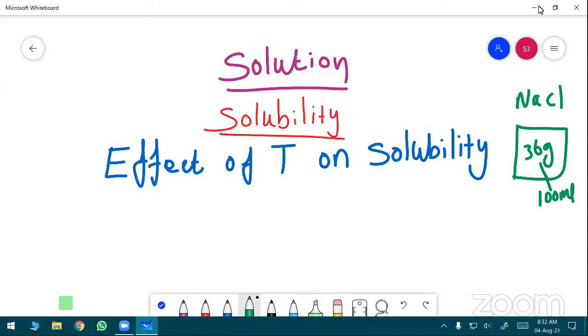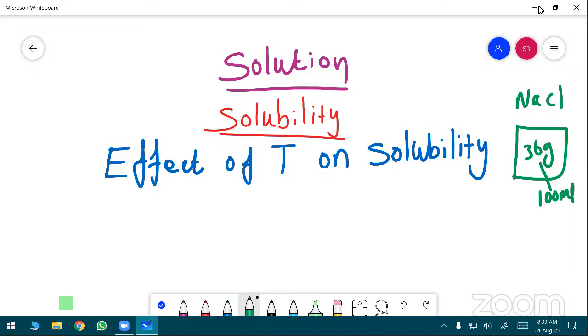Why are we saying that 36 gram is the solubility of NaCl? Because in a specific amount of solvent, that is 100 ml, only 36 gram of NaCl will completely dissolve. What happens, sir, when I add some more NaCl? If you add some more NaCl, it will be precipitated.